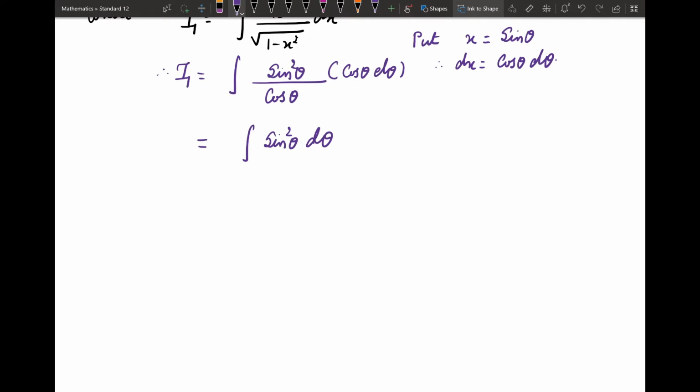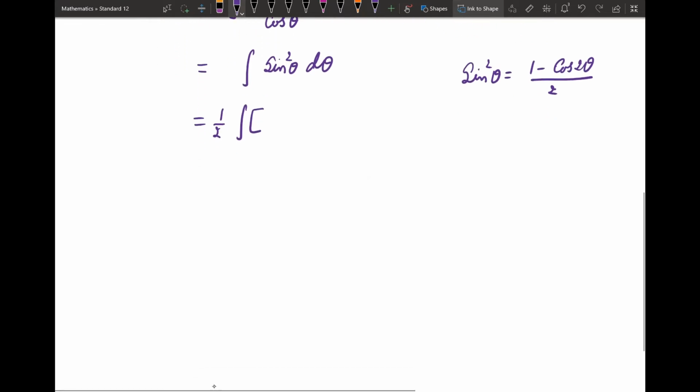We have to remove the power, so we will use the trigonometric formula, sine square theta equals 1 minus cos 2 theta by 2. So this is 1/2 integration of 1 minus cos 2 theta d theta.